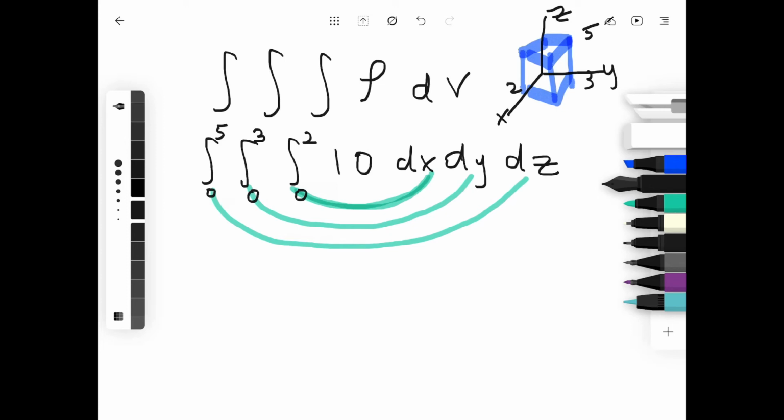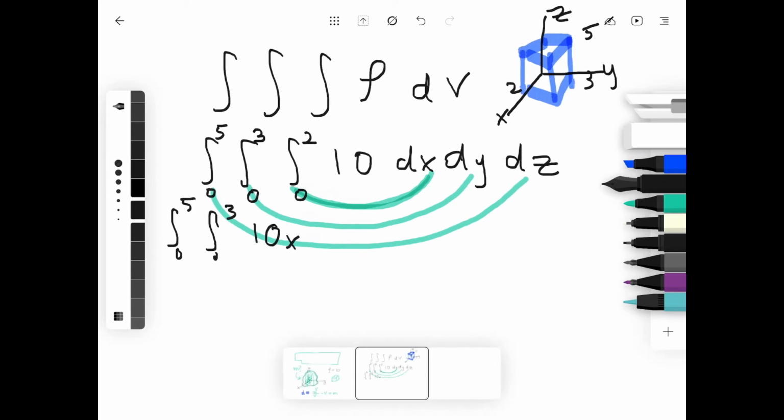So this is a pretty simple and straightforward problem. So what we would do is first 0 to 5, 0 to 3, and the integral of 10 is 10x, and that's going to be evaluated from 0 to 2, dy, dz.